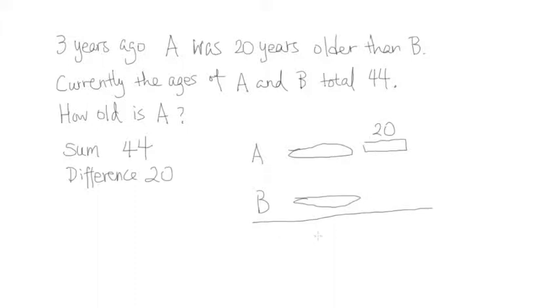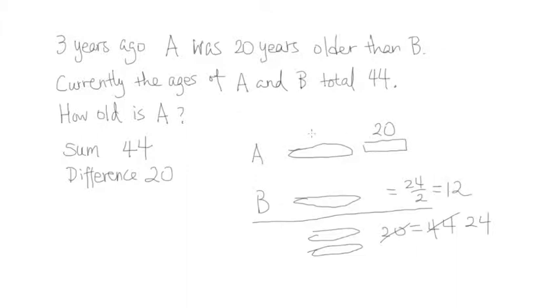Adds up everything will be total 44. So if you have this plus this, 2 bars and 20 will be 44. And therefore, you get rid of 20, the 2 bars will be 24. And that means B, the bar, will just be 24 divided by 2, which is 12.